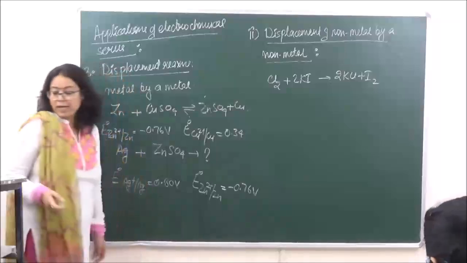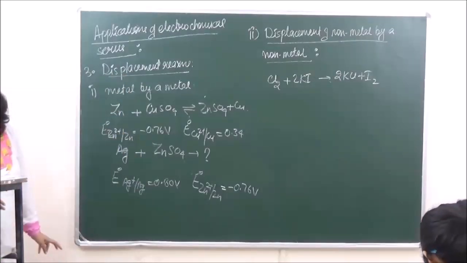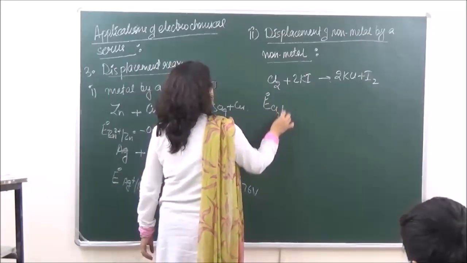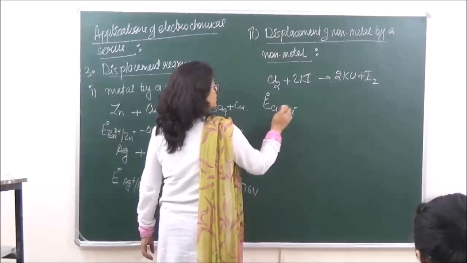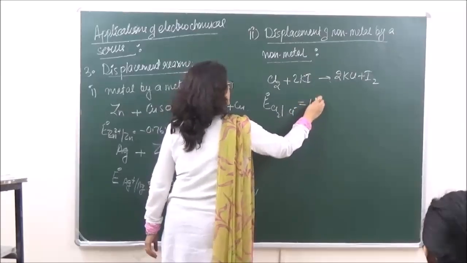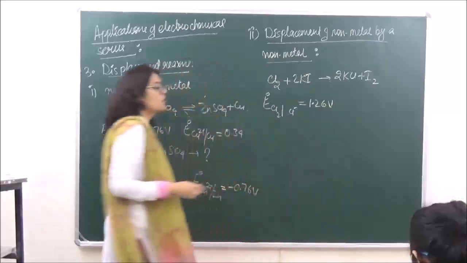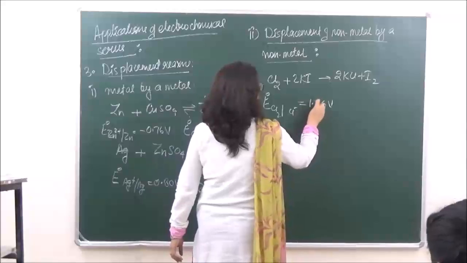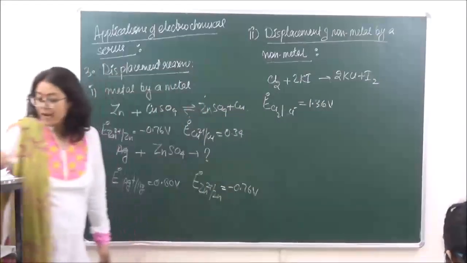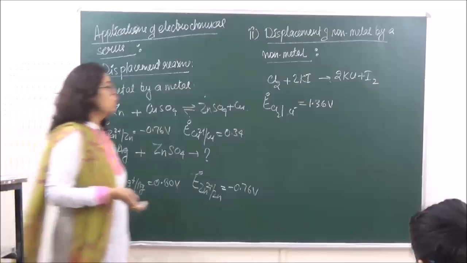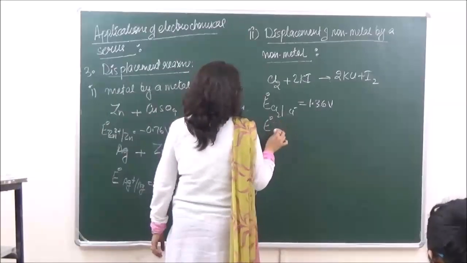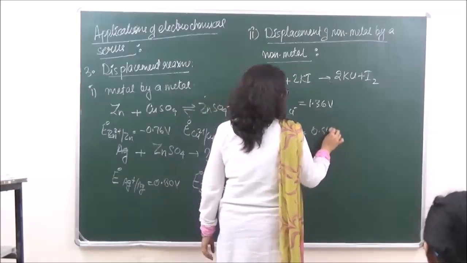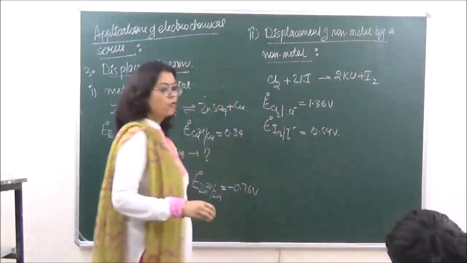Now if we are looking at the reduction potential values, the value for chlorine is equal to 1.36 volts, and that for iodine is equal to 0.54 volts.